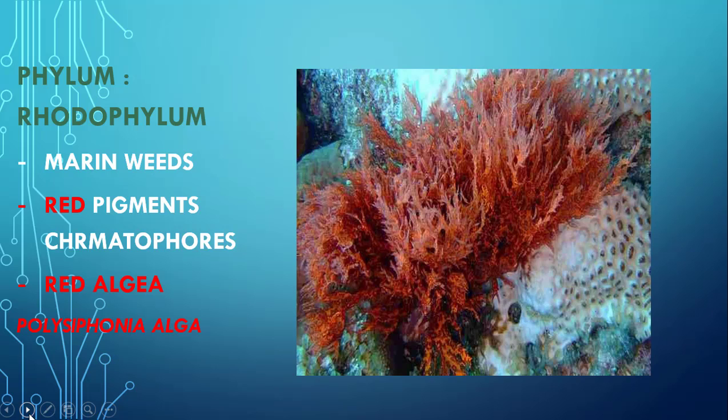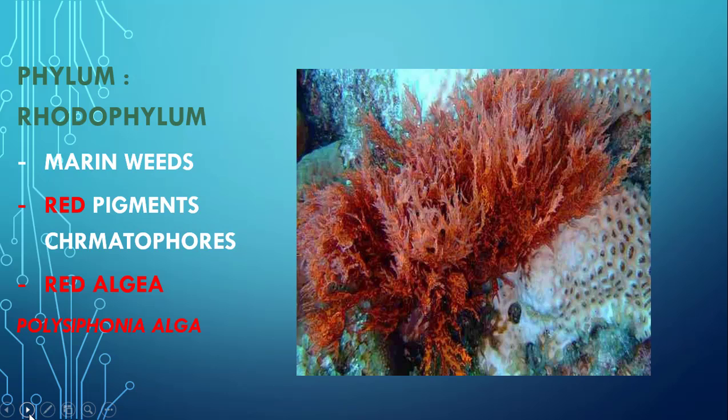The first phylum is called Rhodophyta. Rhodophyta are marine weeds, which consist of a lot of branches or filaments sticking to each other by a gelatinous coat.